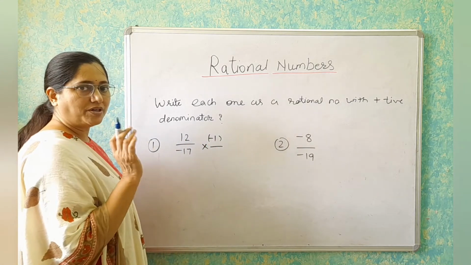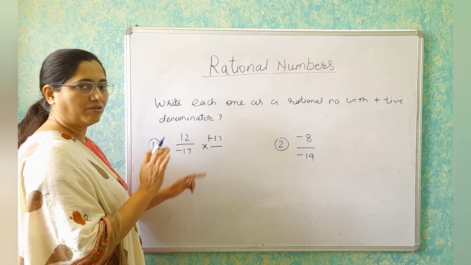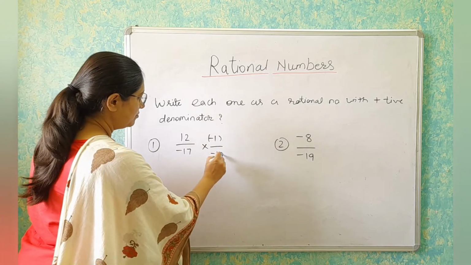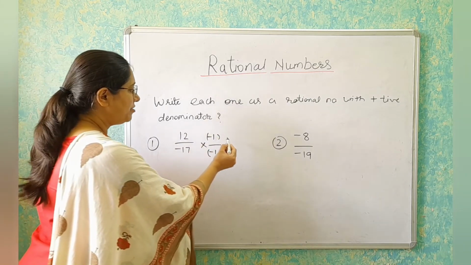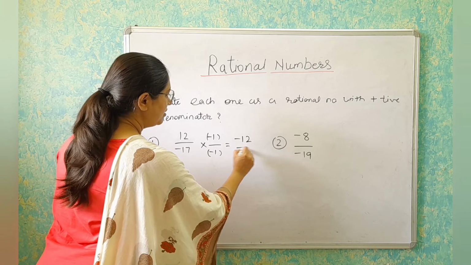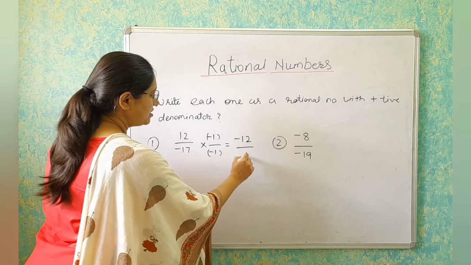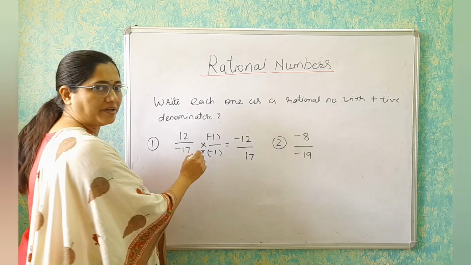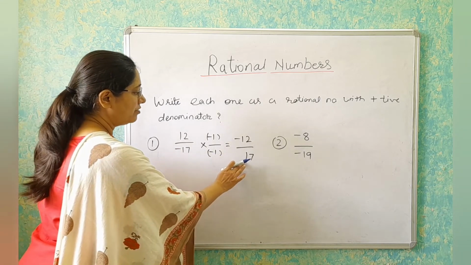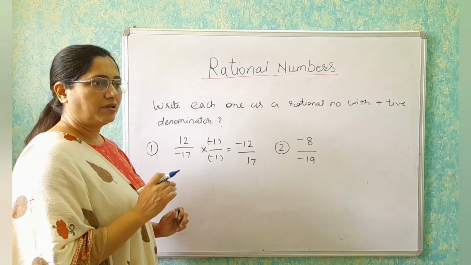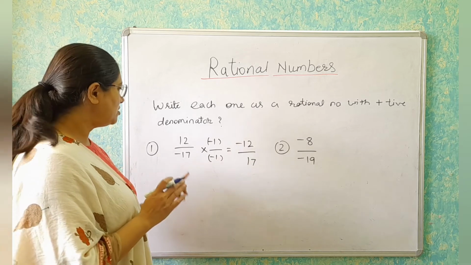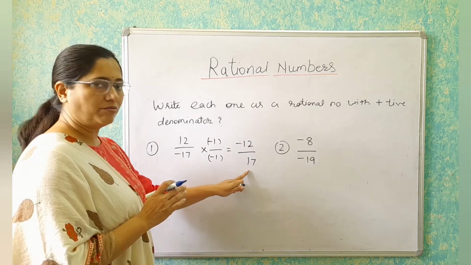And always remember, you have to multiply numerator and denominator both. 12 multiplied by minus 1 is minus 12 and 17 ones are 17. But we are multiplying two negative signs, so our answer will be positive. So in this way, we have changed the denominator from negative to positive.